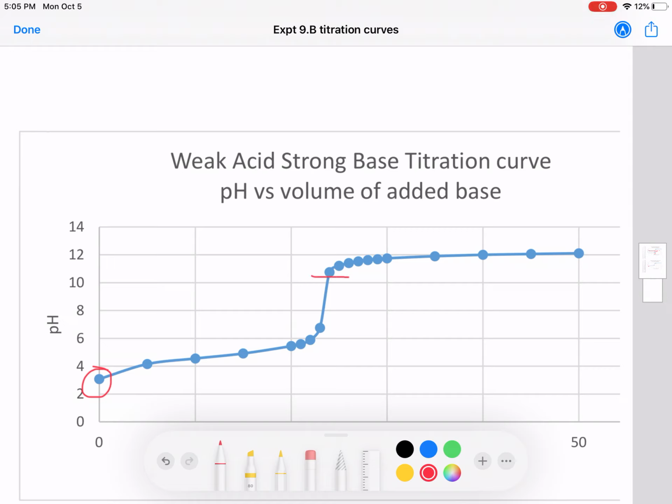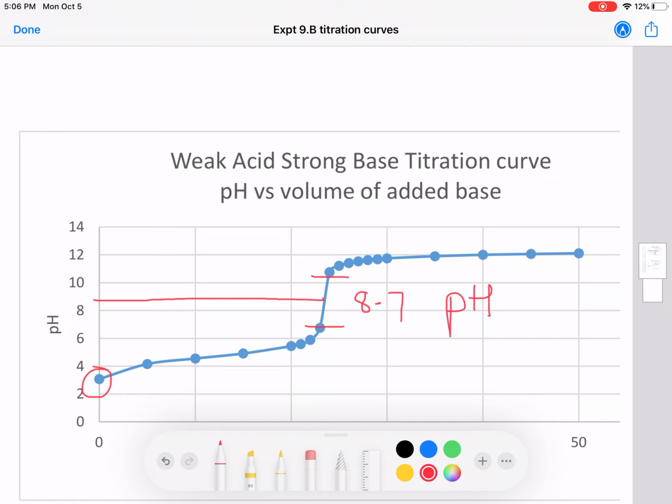From here to here you have to figure out the midpoint between these two. That is the end point of the weak acid and strong base. So that's between 8 and 9, right? You can figure that out, maybe 8.7, something like that. Okay, that is the pH of the end point between a weak acid and a strong base.